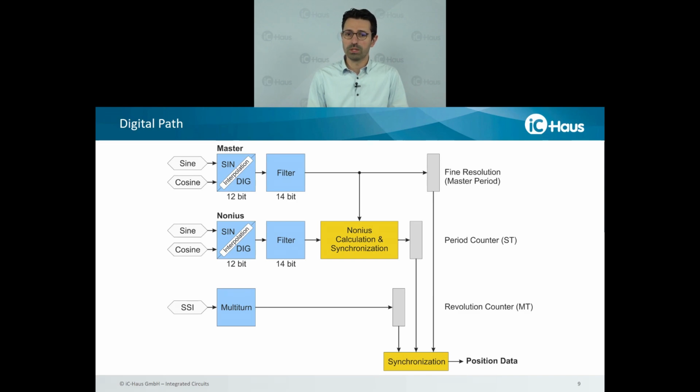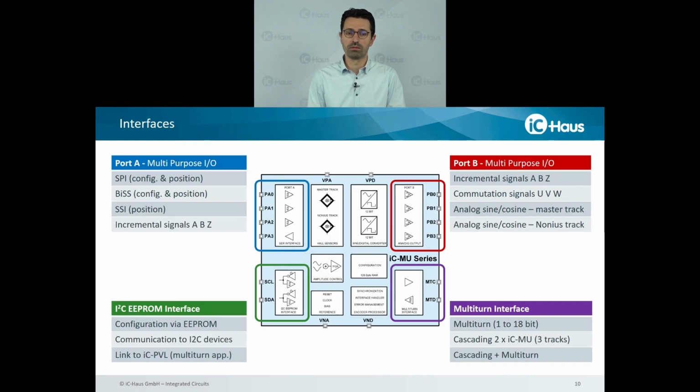This absolute position then goes to several interfaces. For example, I plotted here in blue and red the multi-purpose I/O ports. It's port A and port B. You can configure which interface you would like to have on each port. For example, port A has an SPI, BiSS, or SSI interface, and port B has the digital outputs ABZ, UVW, or the sine-cosine signals of the master or nonius track.